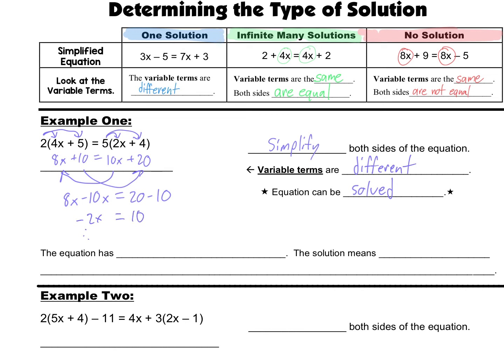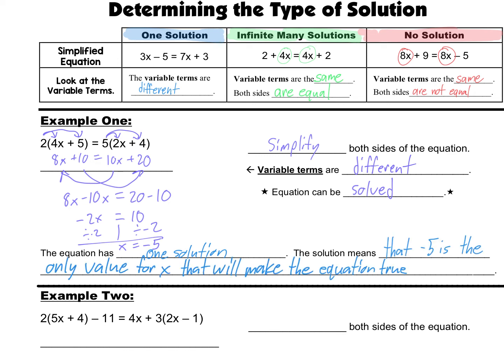If we divide both sides by negative 2, we will get x is equal to negative 5. Therefore, the equation only has one solution. That solution is negative 5. This solution means that negative 5 is the only value for x that will make the equation true.